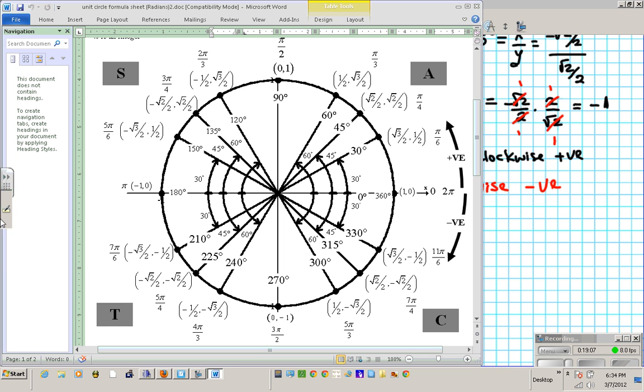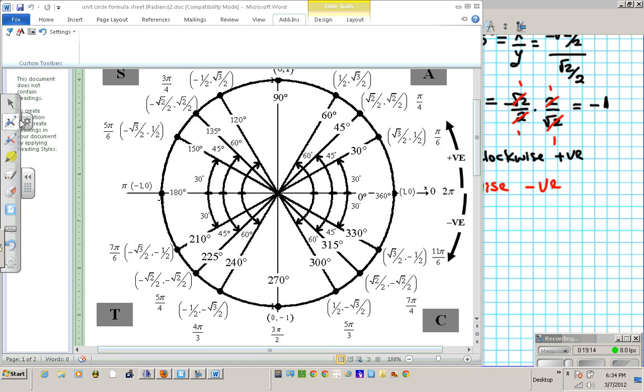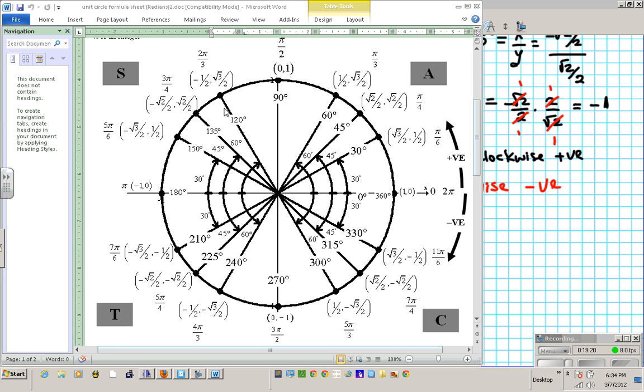Or you just simply do a reflection of the positive downwards, okay? So if I reflected the positive downwards, that will basically give me what I want. So you see this is 120 right here. If I reflected it straight down, that would give me negative 120. Okay?